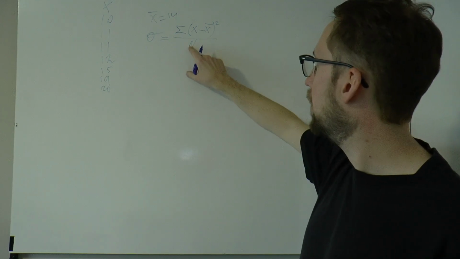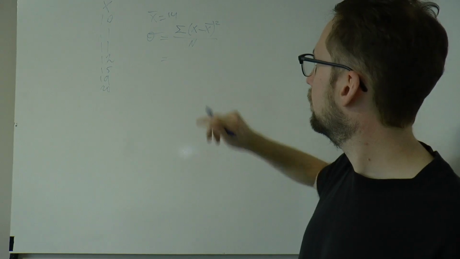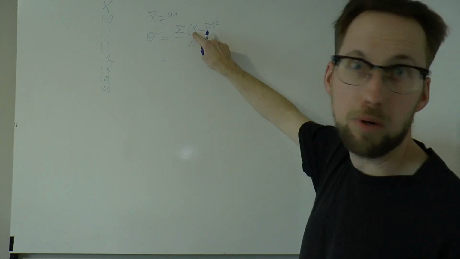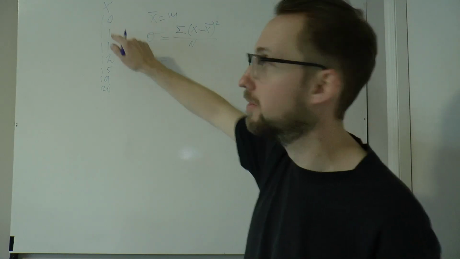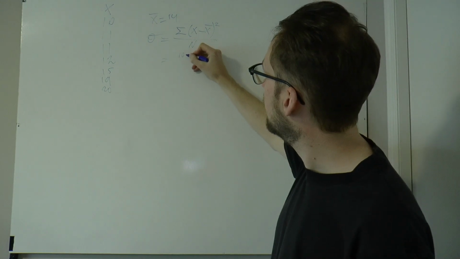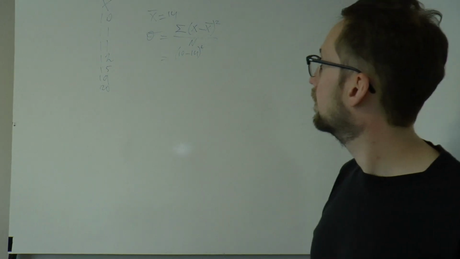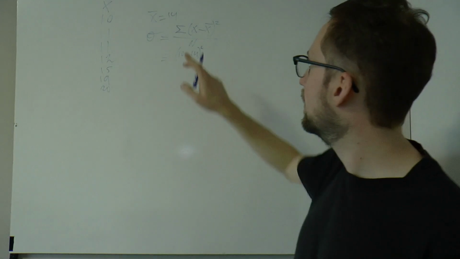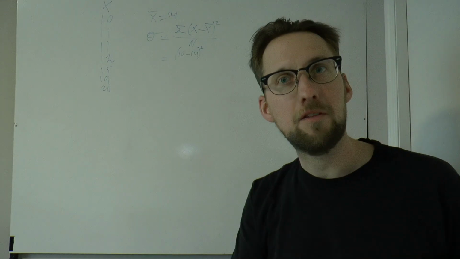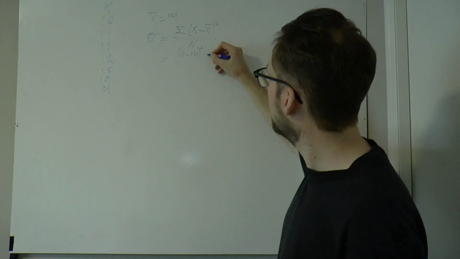And then I divide by big N. So what is the first x? Well, each x is an observation. So the first x must be the first observation. That's 10. Okay, 10 minus 14, and I square it. This part of the formula is now covered. But it tells me to sum something. Oh, that means I have to do this for every single observation. Okay, well, I can do that too.